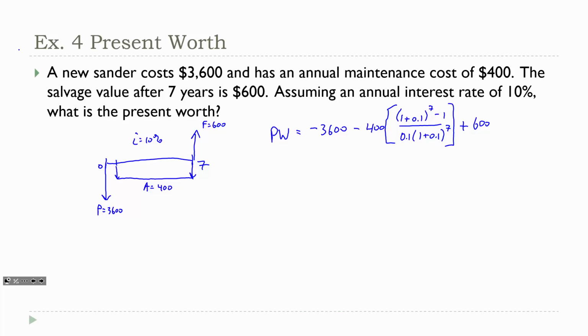So this is going to be finding a P given F, which is 1 plus 0.1 to the negative 7. Negative 5240.